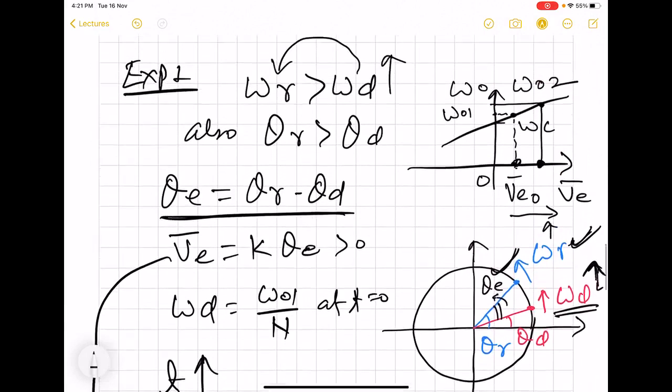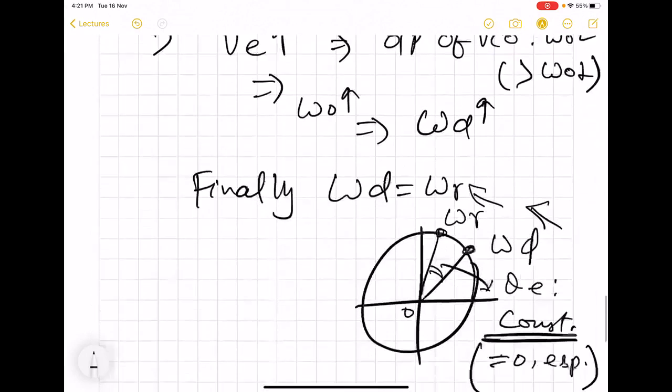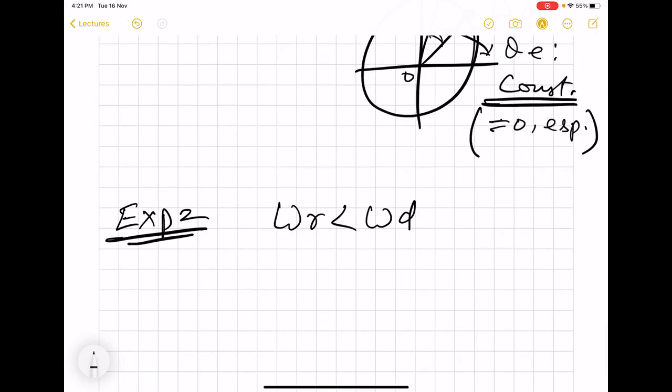So here we had this condition that the reference frequency was more than the divider frequency. Now we can consider the second case where reference frequency is smaller than the divider frequency. Not only that, we can also take that the phase of reference is also less than the phase of divider.